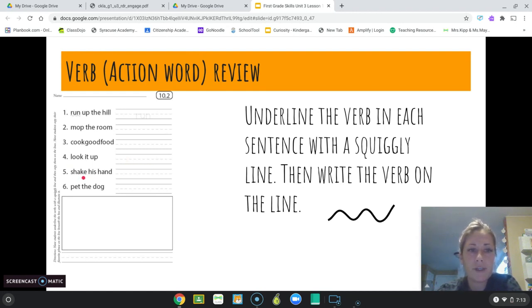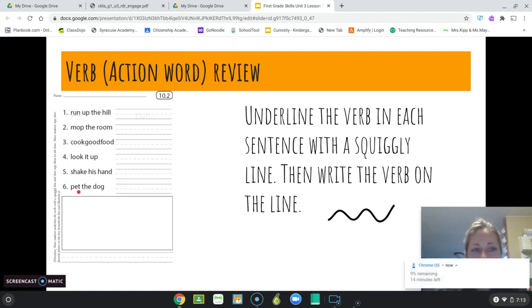Number 5, shake his hand. Is hand an action word? No, it doesn't say what I'm doing with my hand. If I'm shaking a hand, that's the action word, right? Shake. So I would put a squiggly line under shake and write the word shake on the line.